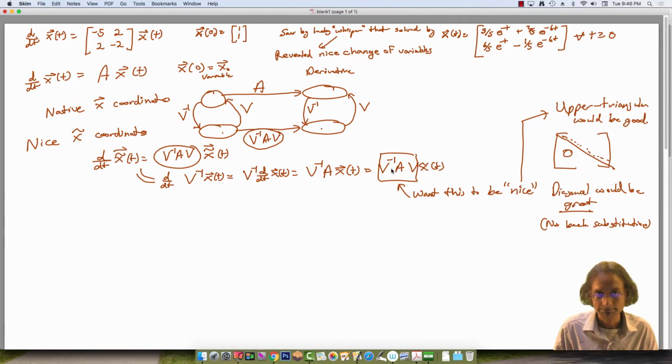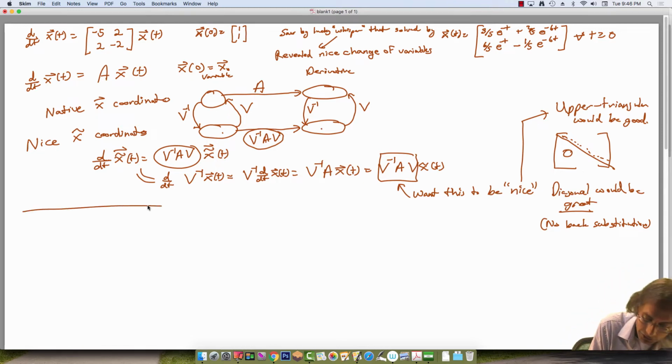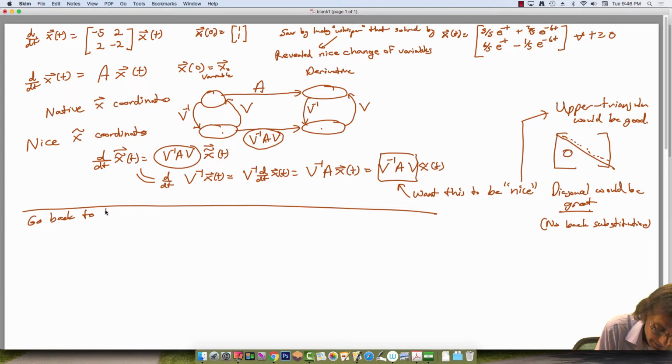That's really the question. To understand this better, we need to step a little bit back and think about what changes of coordinates really mean. So let's go back temporarily to 16A, where you first learned about vectors and matrices.